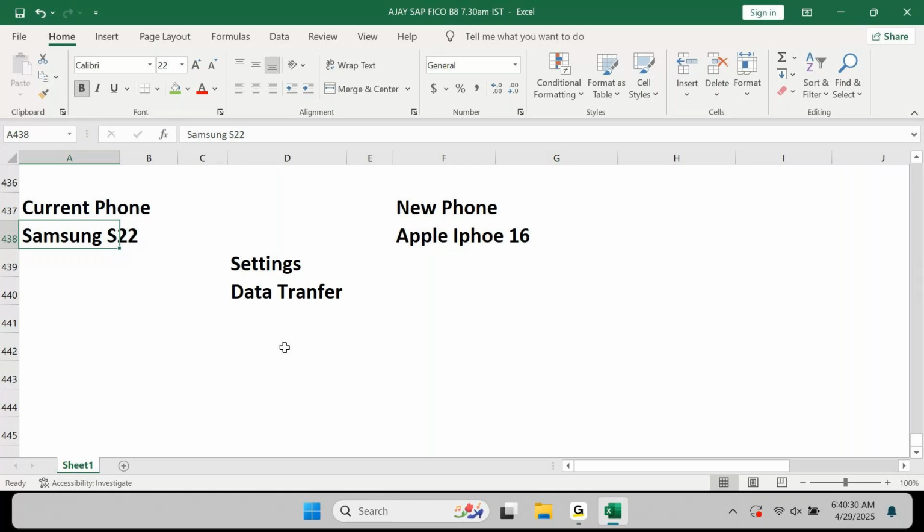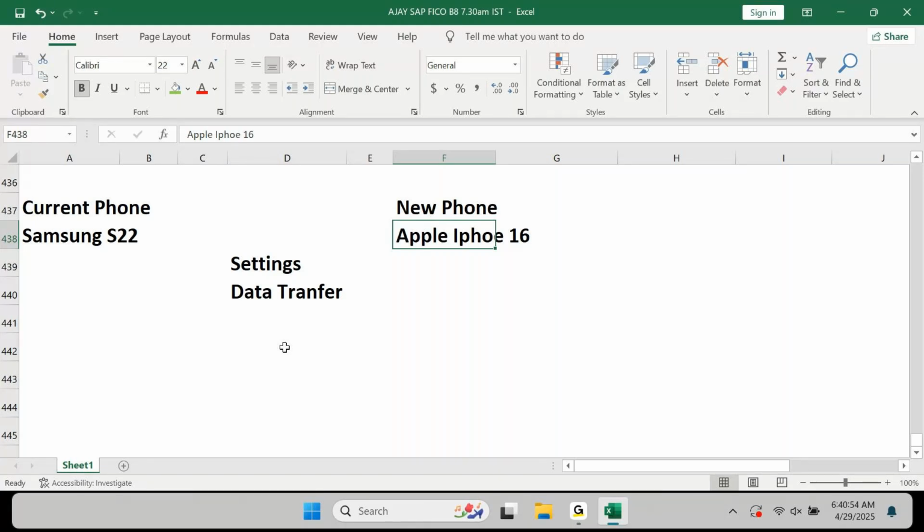At that time, you are using your S22 mobile phone. I'm using XYZ mobile phone. Now you changed S22 to Apple 16. The moment you got Apple 16, you cannot directly call me, right? You cannot directly message me until you set them up, until you have the data backup restored there.